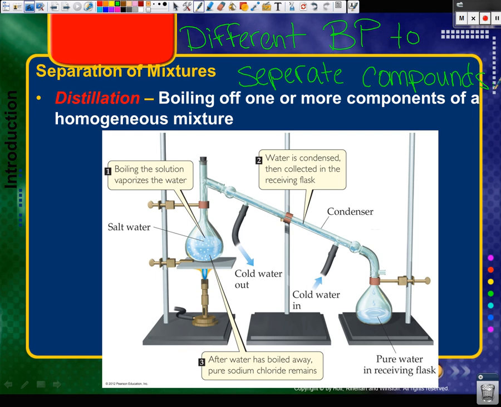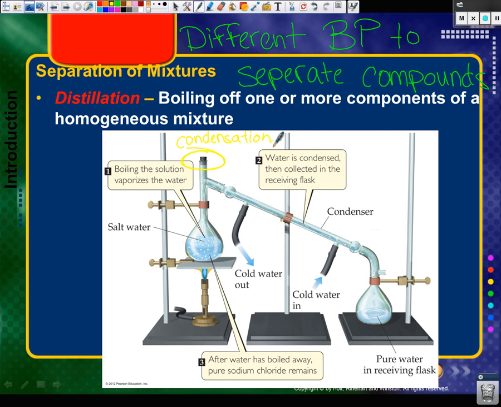Now again, what is boiling? A liquid to a gas. Now here's the crazy part. How do we then get that gas back? This is what distillation does. We trap it in the top. Okay? Well, when the gas gets up to the top and it can't go anywhere, what process do you think occurs right there? Fantastic. This is where condensation occurs. Now, what is condensation?